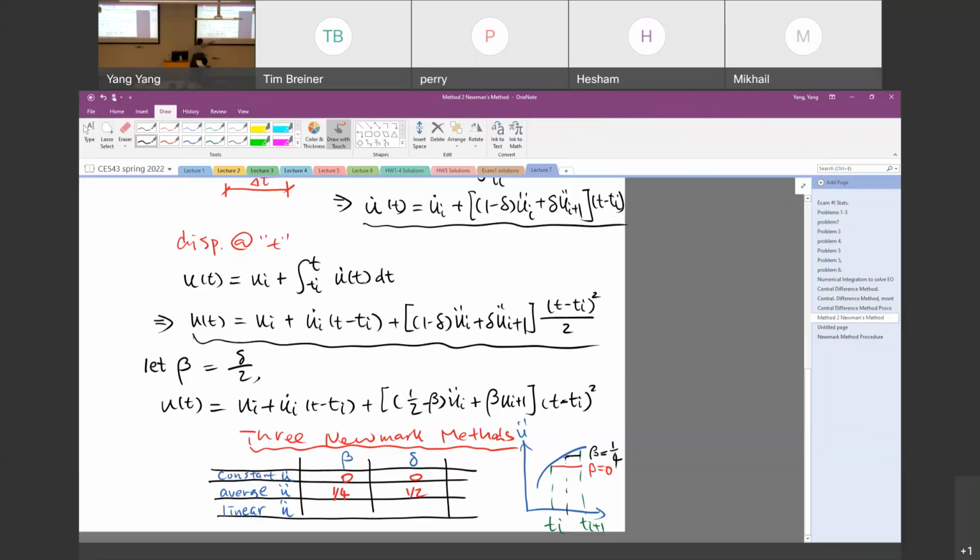That means we assume the acceleration is the average between the acceleration at time i and at time i plus 1.